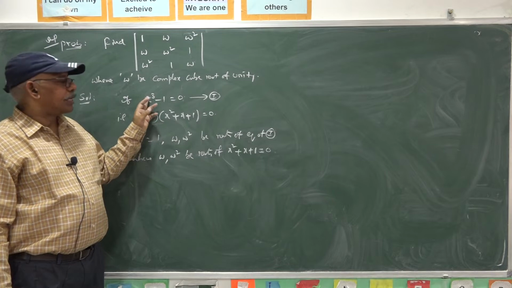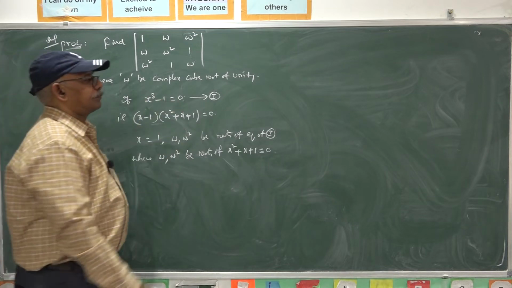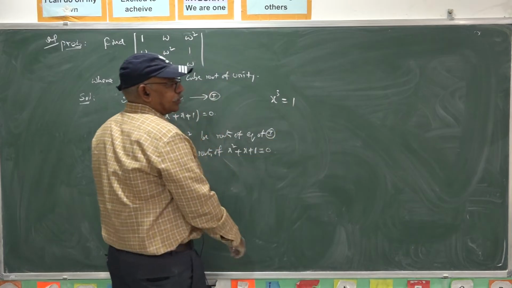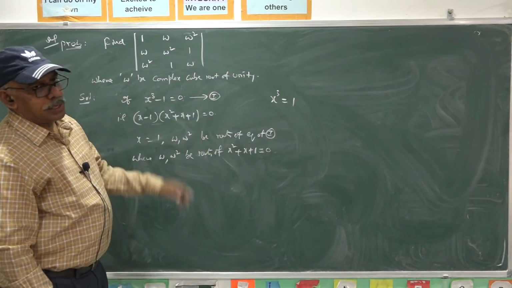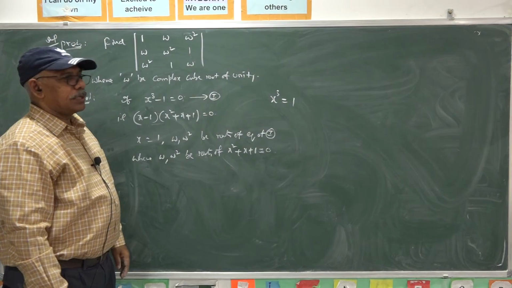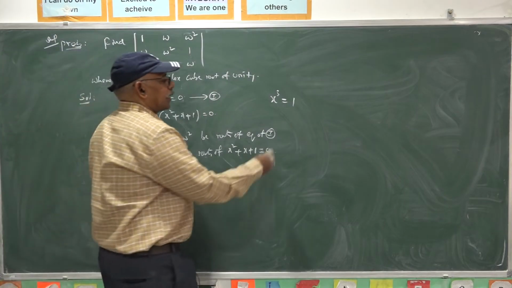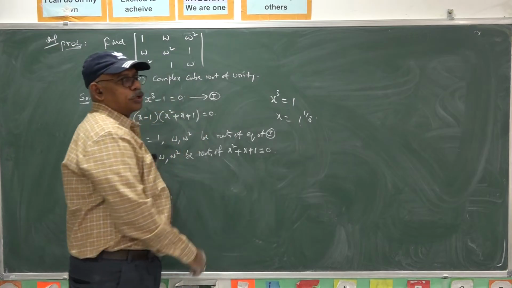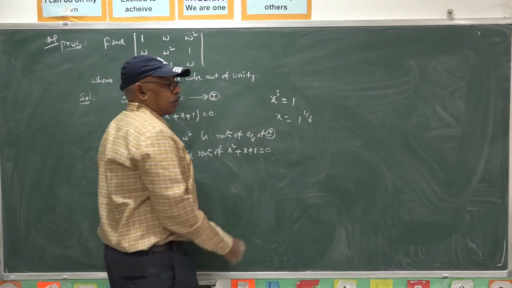Once you consider the equation x cube minus 1 equals 0, x cube equals 1, so x takes the value cube root of 1, 1 power 1 by 3.